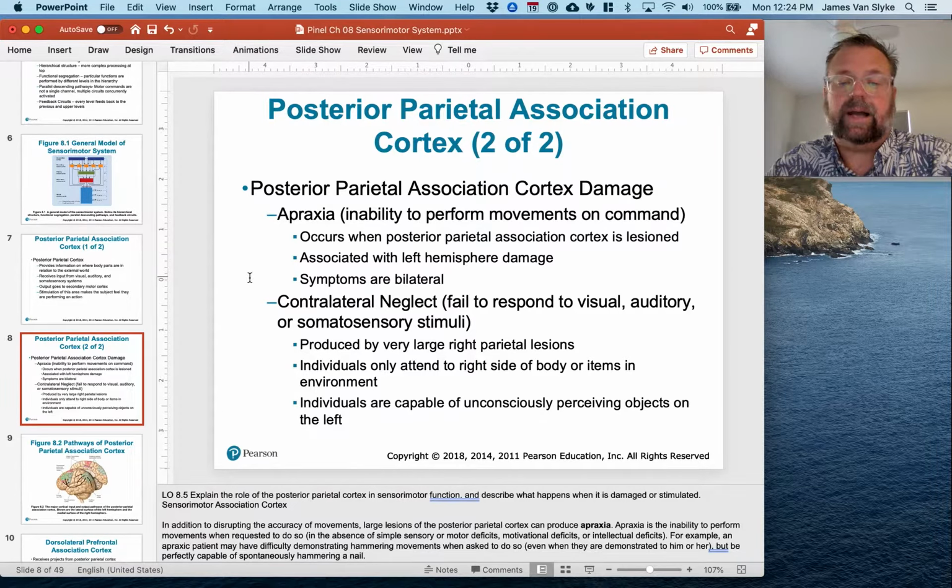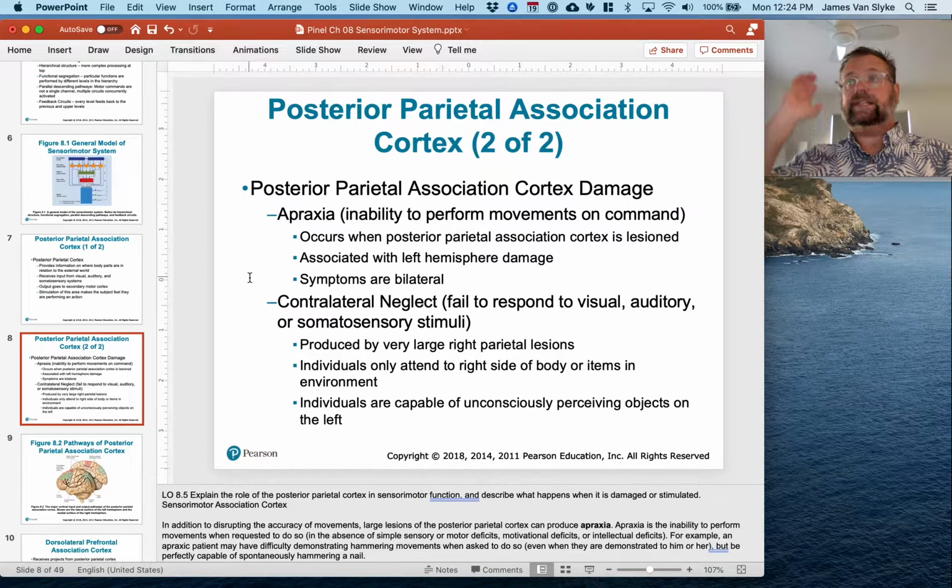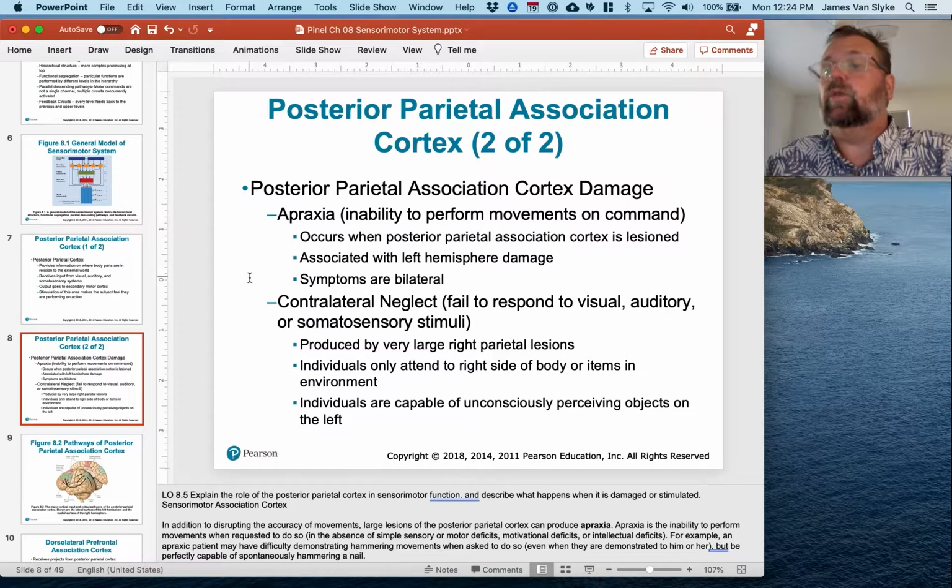And there's been instances of people only eating, say, food that's on the right side of their plate, only seeing things or being able to visually process things on the right side. But individuals are capable of unconsciously perceiving objects on the left.